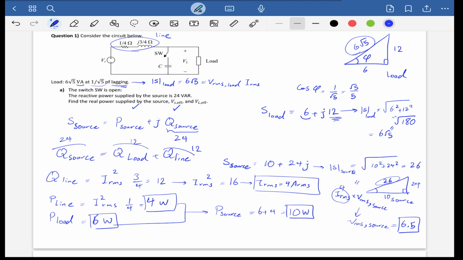This is also equal to IRMS times VRMS of the load. So this is 4, so from here VRMS of the load is 3/2 radical 5. We found the last thing that the question asks.